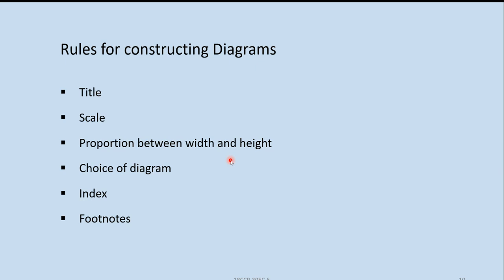Then what we have to do is equate the actual distance with a presumed distance according to the size of the graph paper, that is, how many boxes are there lengthwise and breadthwise. Then we have to select the number of boxes appropriately.